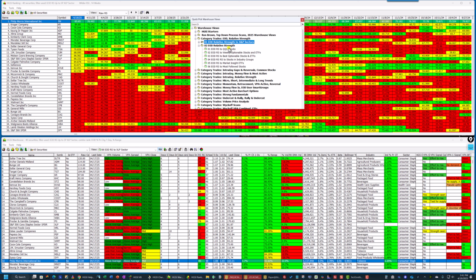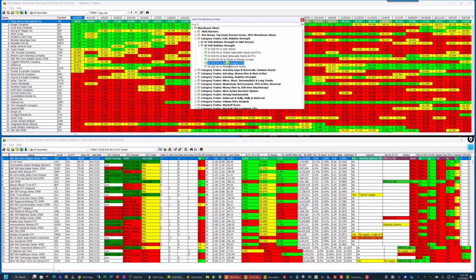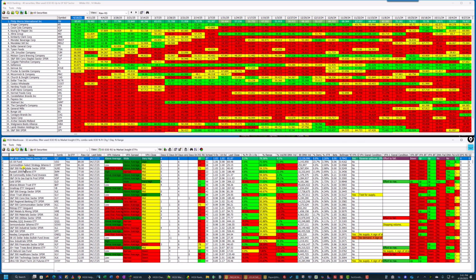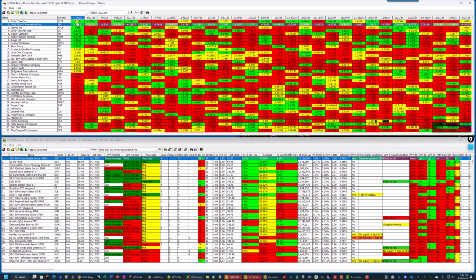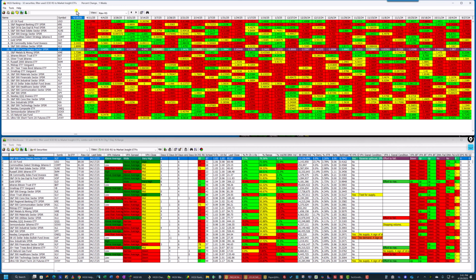So I can see, well, let's just quickly go to Market Insight, which shows a real cross-section of ETFs sorted on raw combo. Shows me what they did for the day. And let me go back to the percent change 1 week. And I can see that I need to actually flip this through.